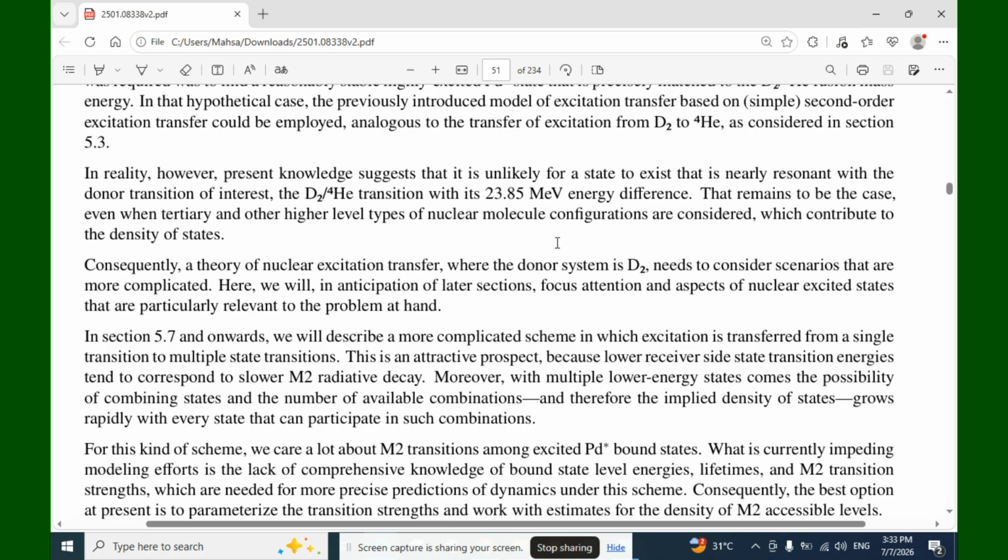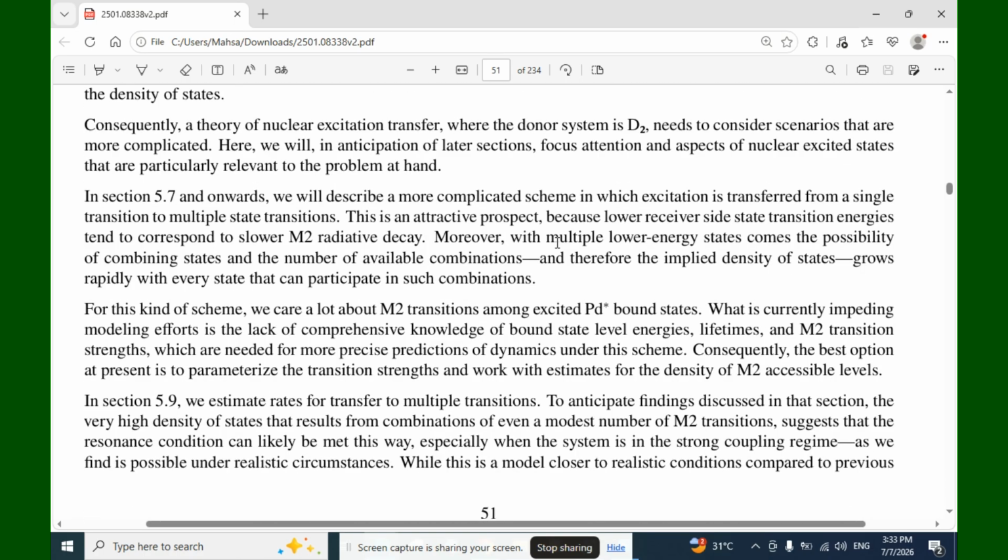Consequently, a theory of nuclear excitation transfer where the donor system is deuterium needs to consider scenarios that are more complicated. Here we will, in anticipation of later sections, focus attention on aspects of nuclear excited states that are particularly relevant to the problem at hand. In sections 5.7 and onwards, we will describe a more complicated scheme in which excitation is transferred from single transitions to multiple state transitions.